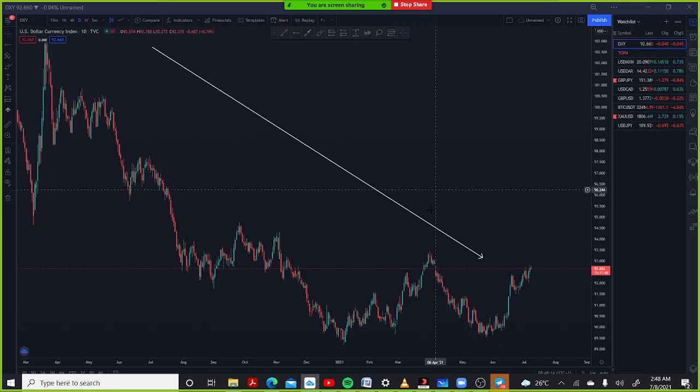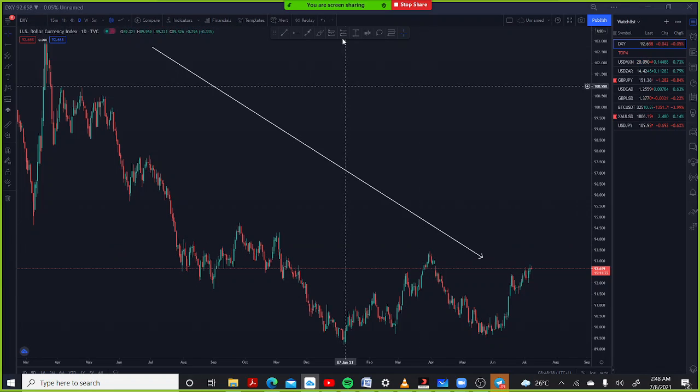So what we'll do now is, we already have a downtrend, and then price decided to go up here, and the bullish move here was terminated by this resistance.